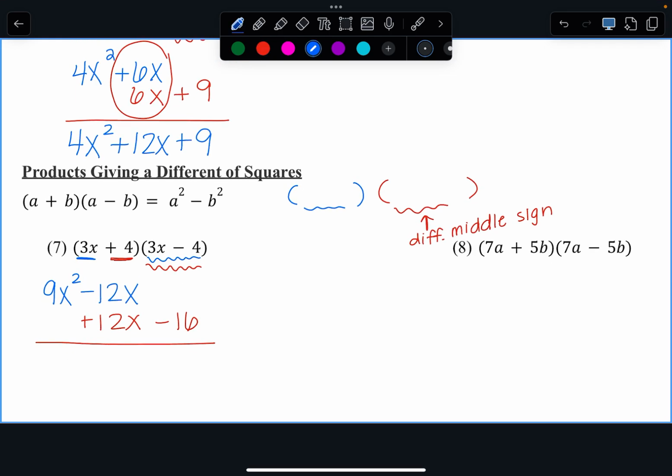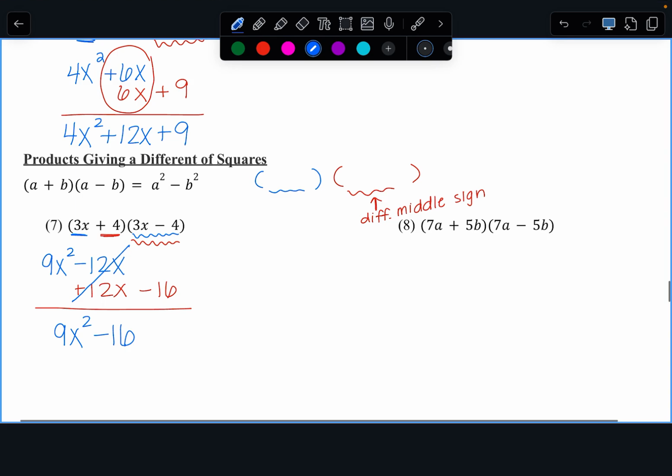So our final answer is 9x squared minus 16, because a positive and a negative 12x gives you 0. Go ahead and try number 8.